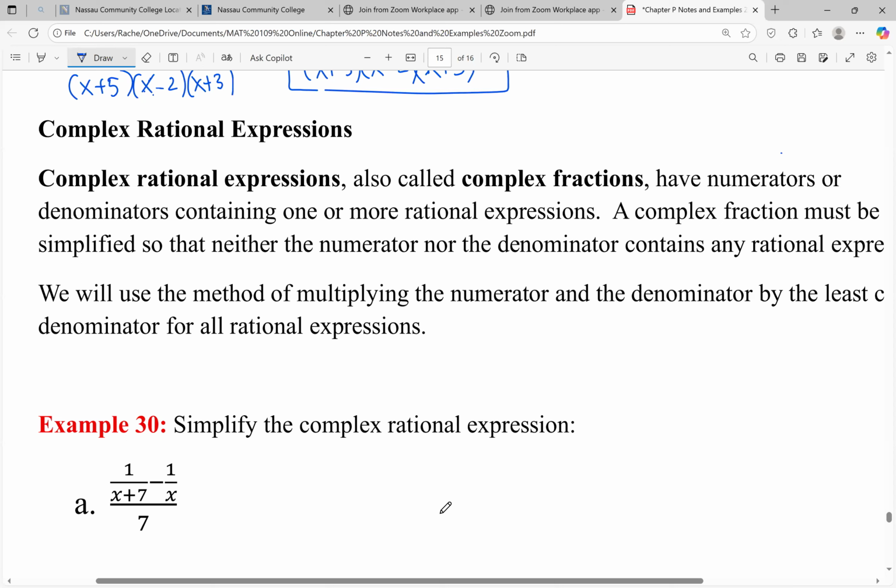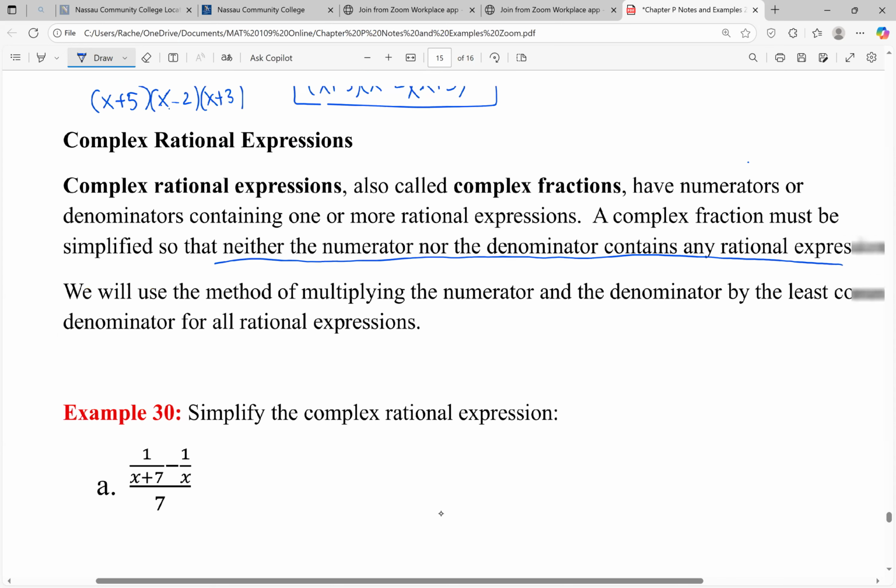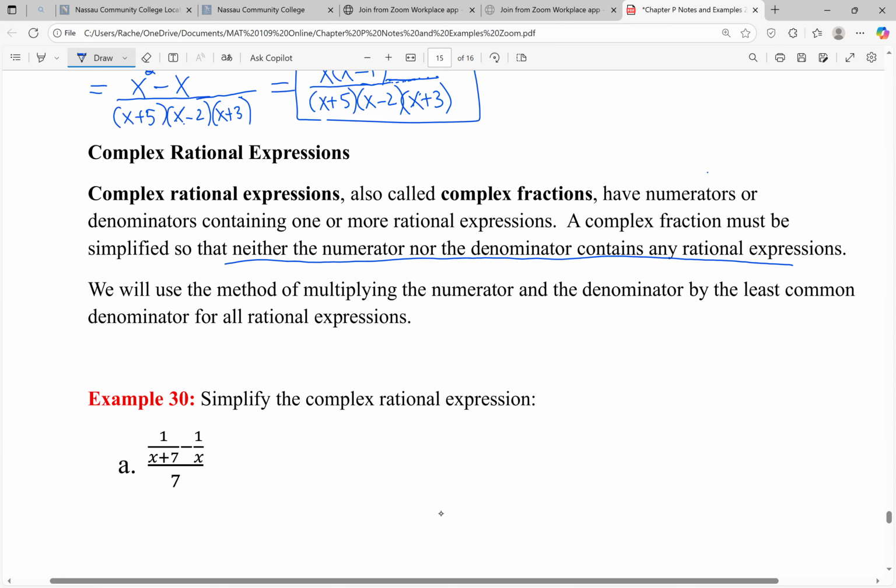Now, we want to simplify a complex fraction so that neither the numerator nor the denominator contains any rational expressions. There's a few different ways to do this. I always try to approach things with the method that's easiest to understand and involves the least amount of work possible.